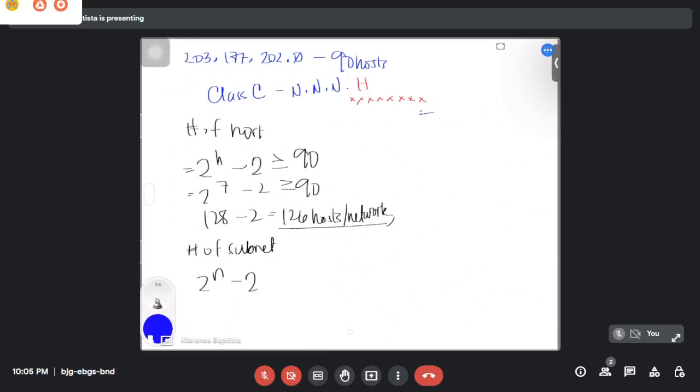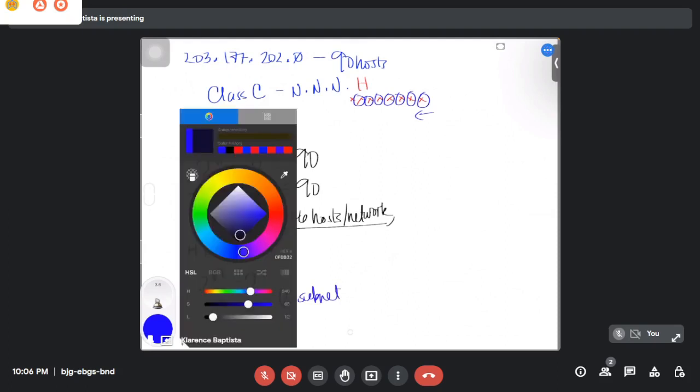So, we have 1, 2, 3, 4, 5, 6, 7. So, the remaining is 2 raised to 1 minus 2. So, therefore, meron tayong 2 minus 2 is 0 subnet. Okay, 0 subnet.